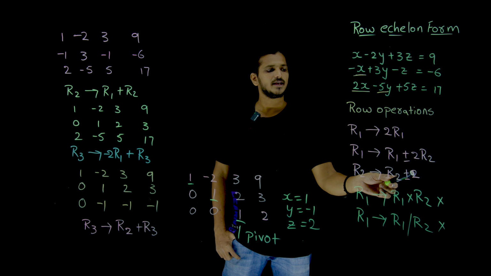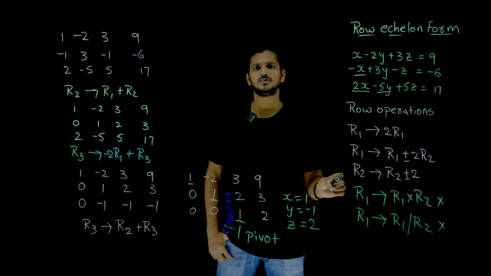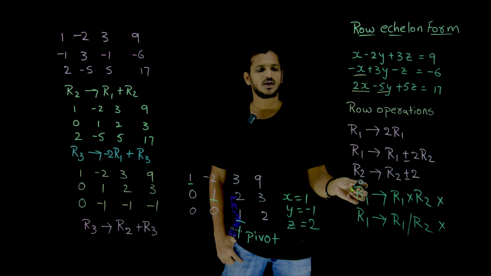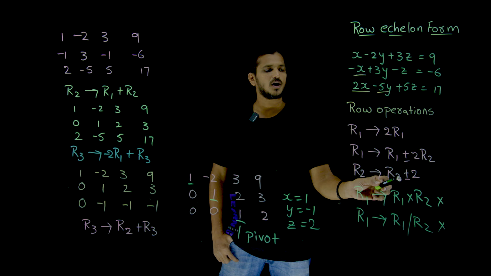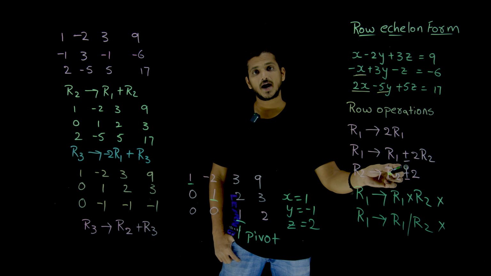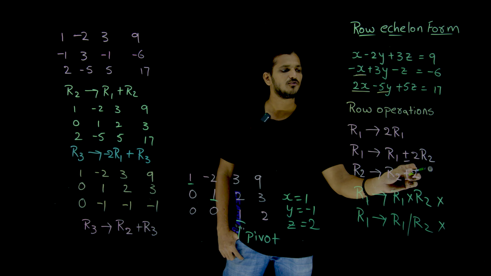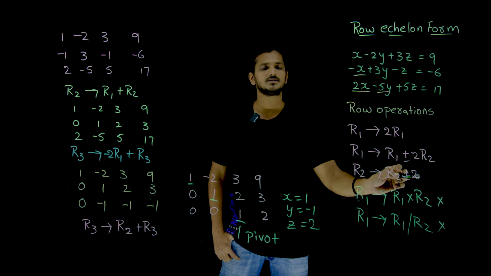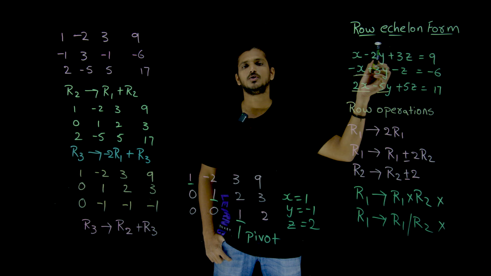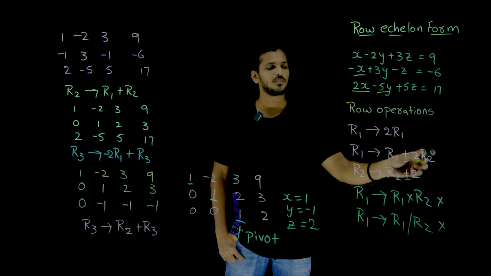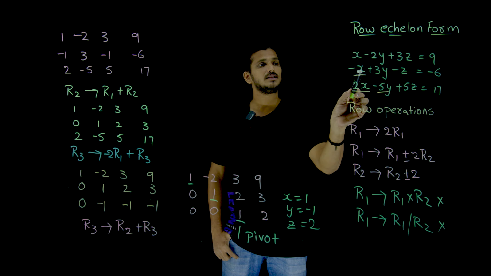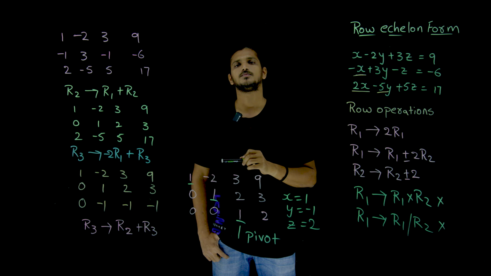It is not going to affect our system of linear equations. Similarly, you can add a scalar to a row. You take any row, and you can add some scalar: R2 equals R2 plus or minus 2. So this set of row operations is allowed in row echelon form. You can use these row operations in order to make these elements zeros.